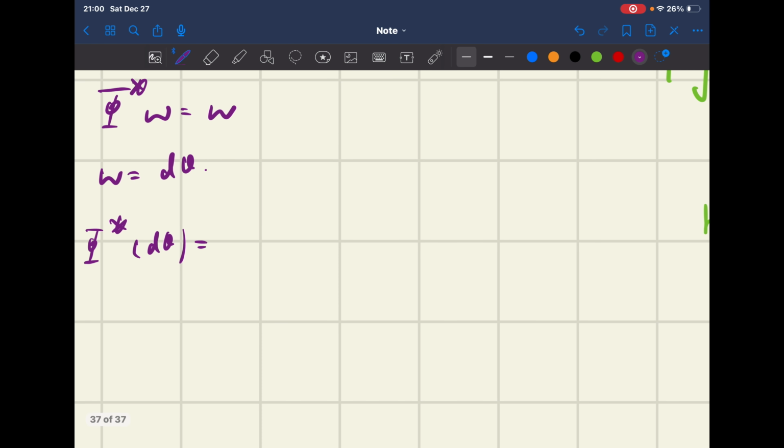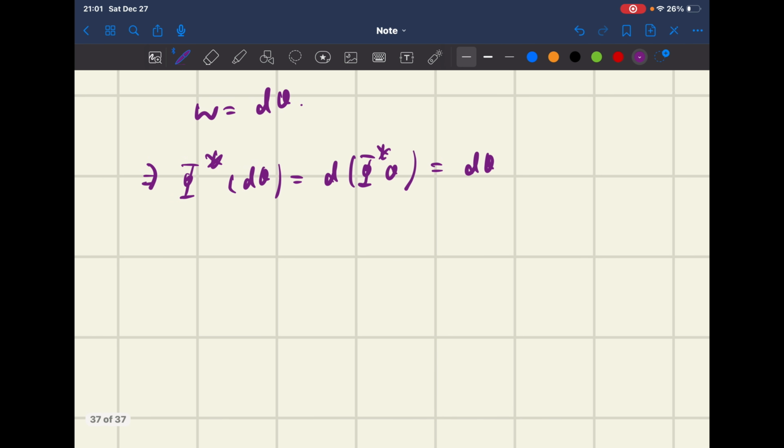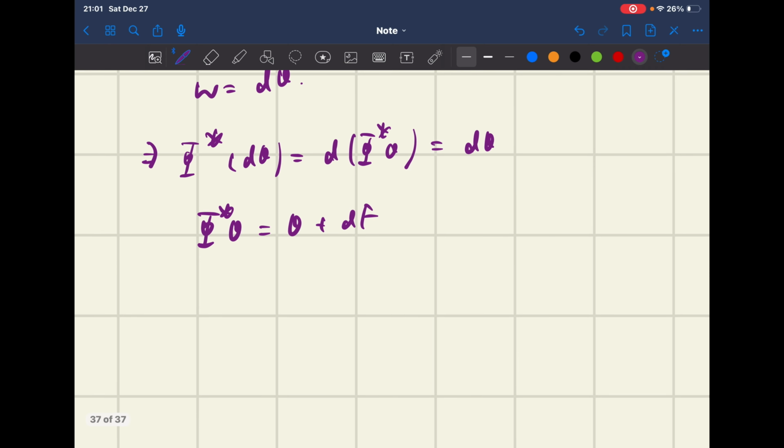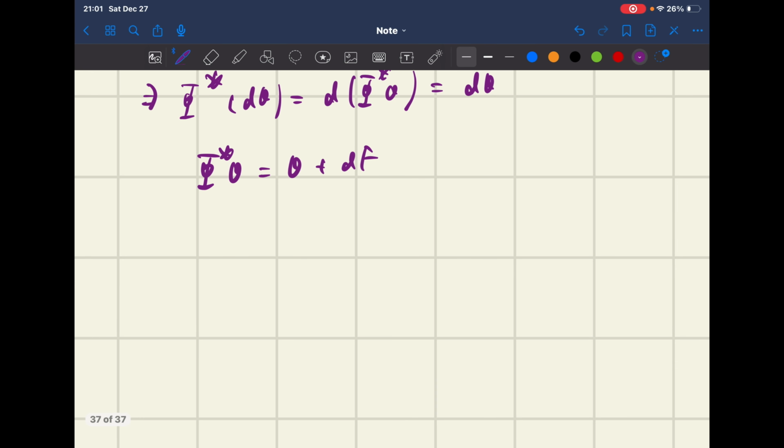And since the pullback is interchangeable with the exterior derivative, the equation would become this. So actually, we would discover that theta allows for a difference of a total exterior derivative.